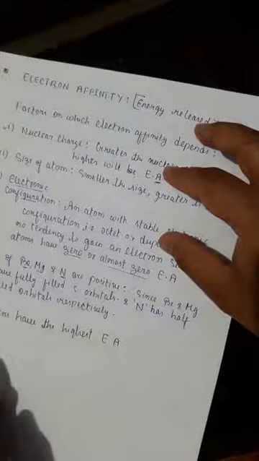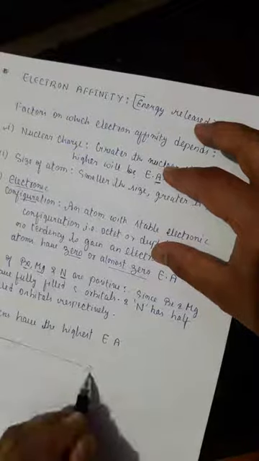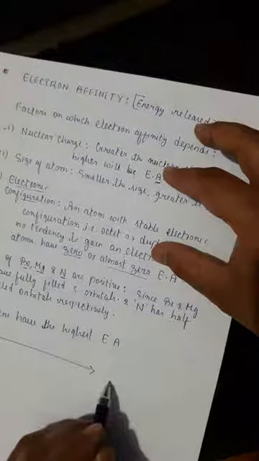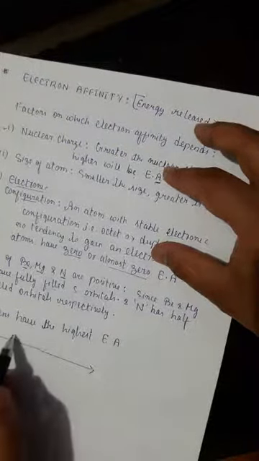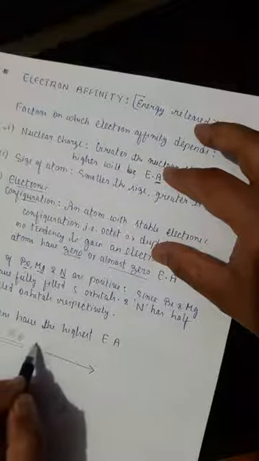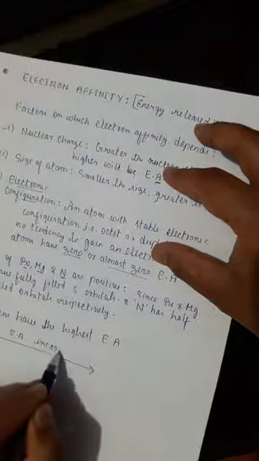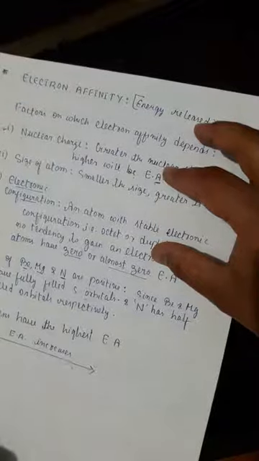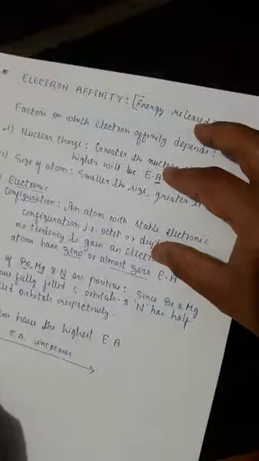And as you know, as you move from left to right in the period, what will happen? Electron affinity increases, and as you move from top to bottom in the periodic table, it decreases.